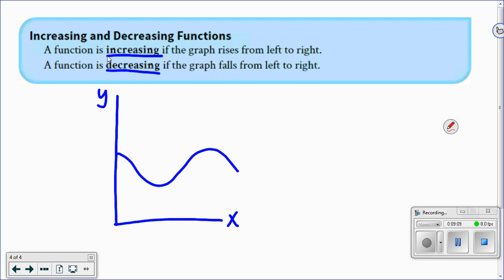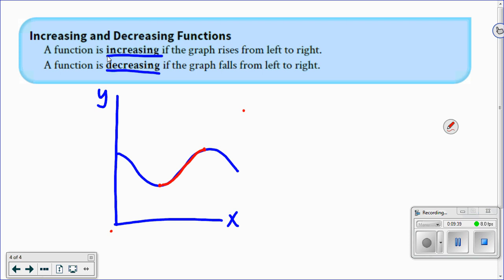So which part of this would represent an increasing function? Well, from here to here would represent an increasing function, right? So it's rising from left to right. And if you think back to slope, from lower left to upper right, that would represent a positive slope. So positive slope represents an increasing function.